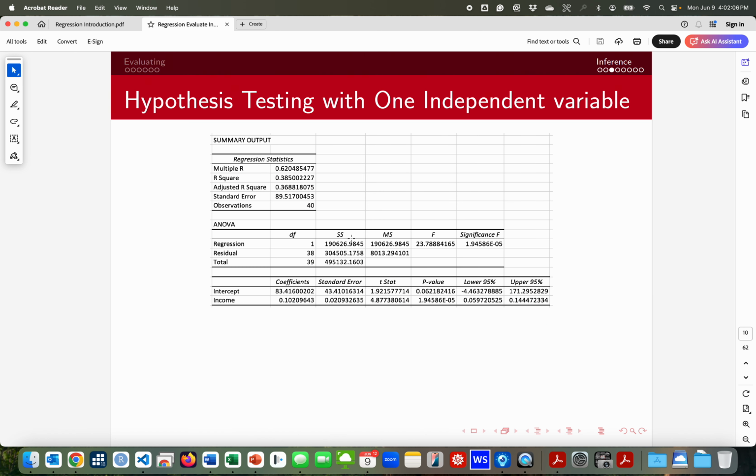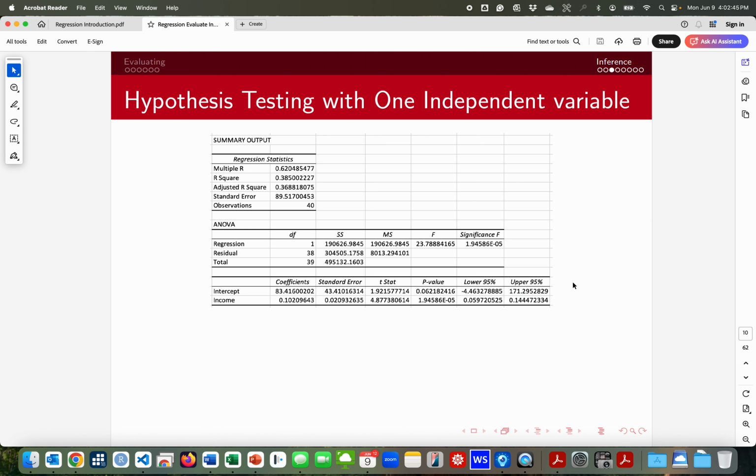In this case, this is the same output that we had earlier with the food expenditure. So the coefficient is 0.1. The p-value, this says move the decimal place to the left 5 places, and we can see that p-value is certainly less than 0.05. So we would reject the null hypothesis that it's equal to 0 and conclude that income is a statistically significant determinant of food expenditure. If you look at the 95% confidence interval, notice that 0 is not in the interval.